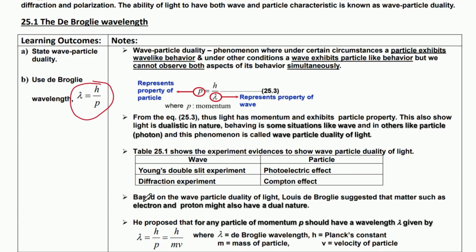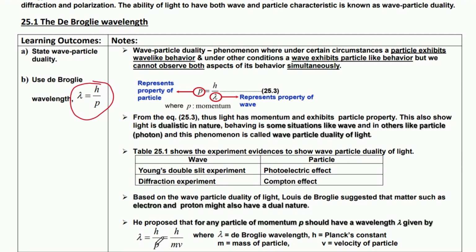Okay, so based on the wave particle duality of light, Louis de Broglie suggested that matter such as electron and proton might also have a dual nature. Okay, so he proposed that any particle of momentum p should have a wavelength lambda given by lambda equal to h over p. Okay, p adalah momentum kan?